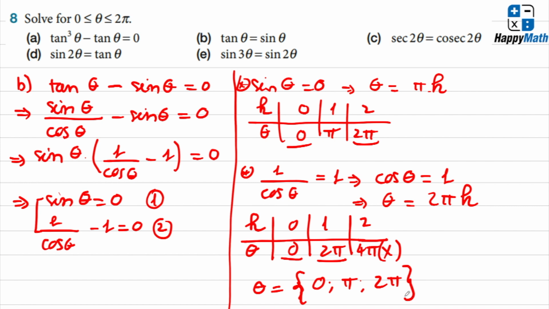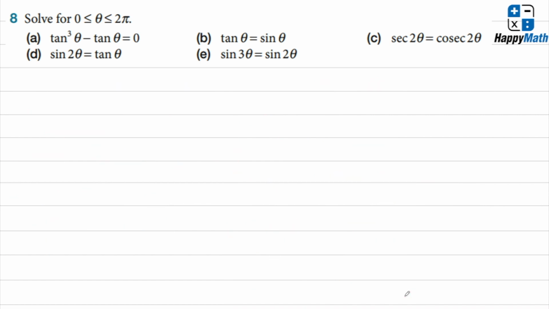A little harder is question C. A little harder. Sec and cosec. Both of these involve the double angle, so this has an effect on your result. Let's try this out. I don't want to work with sec or cosec. I want to work with sine and cos only.